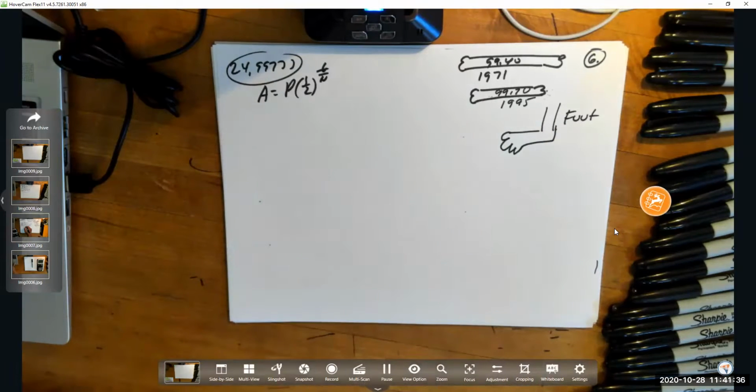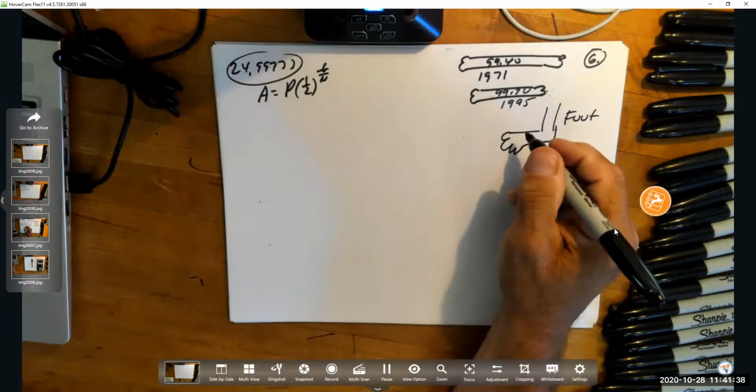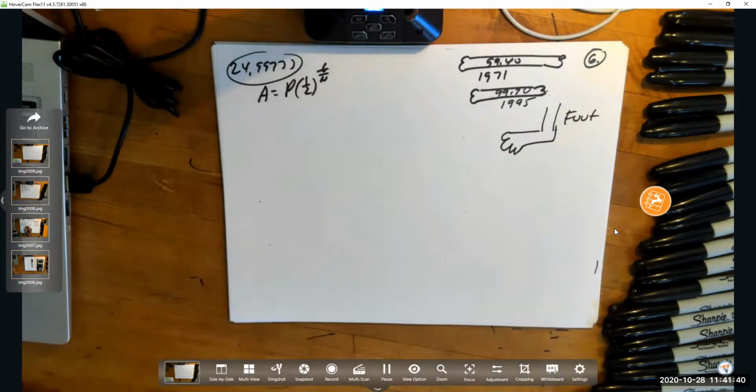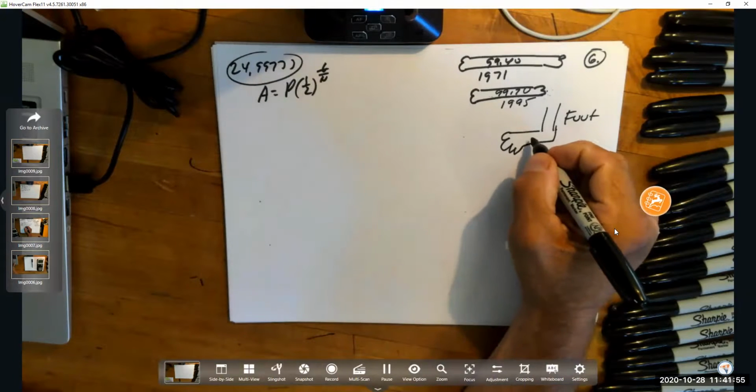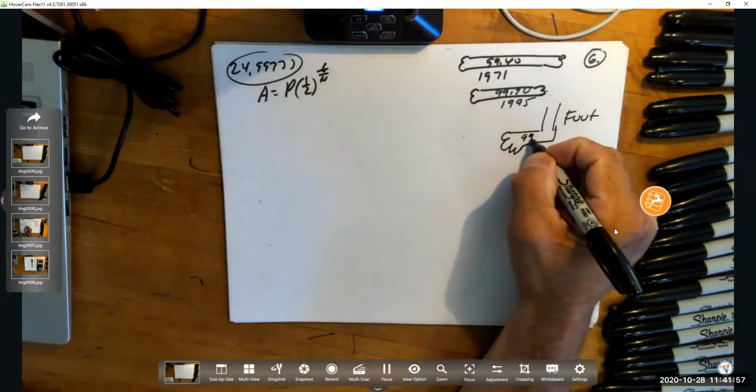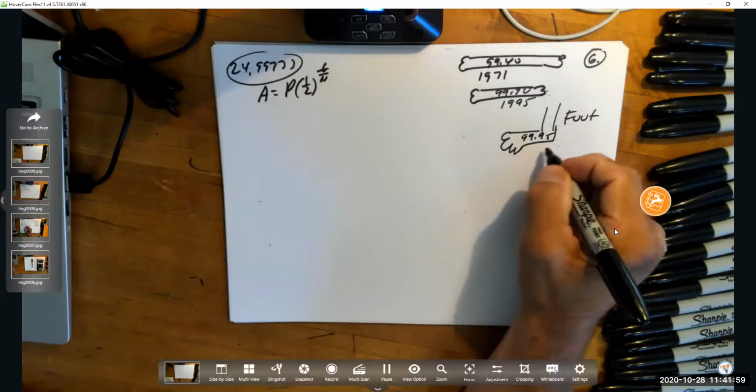And they're gonna take it in, check it out, see how much carbon 14 is in it. I'll just make up a number here. Let's say how about 99.95 of the carbon is in it?